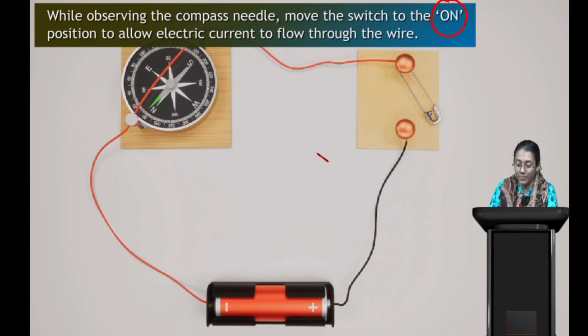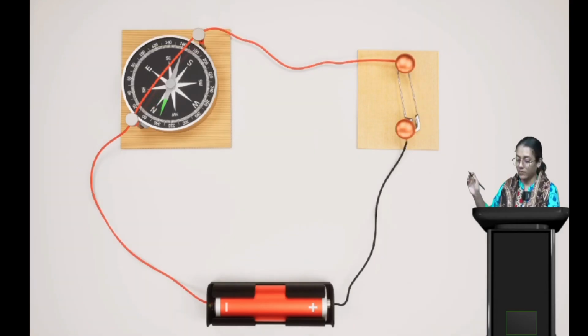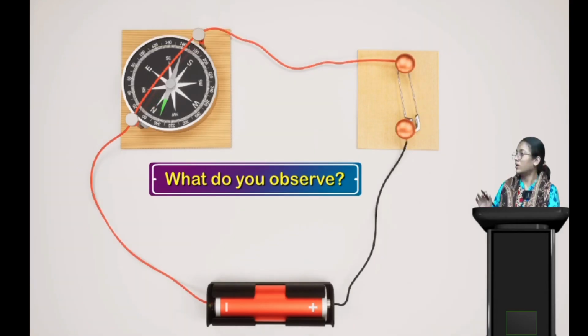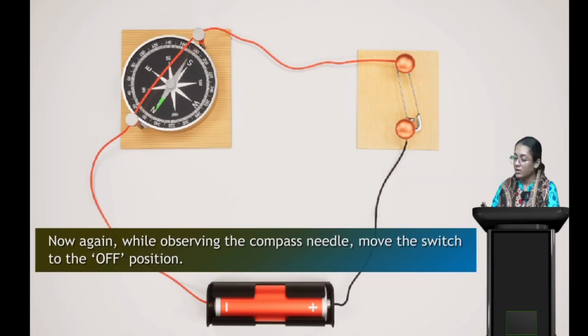We simply just have to put the pin and attach it to the second drawing pin. Okay. See, when we attach the pin, what happened? The magnetic needle got distracted from its original position, isn't it? So, what do you observe? It got distracted from its original position.